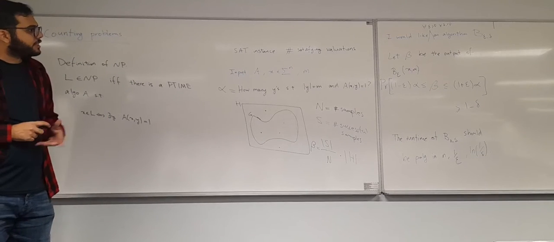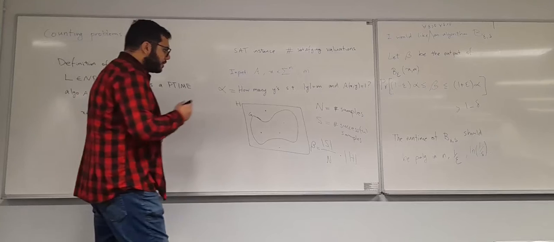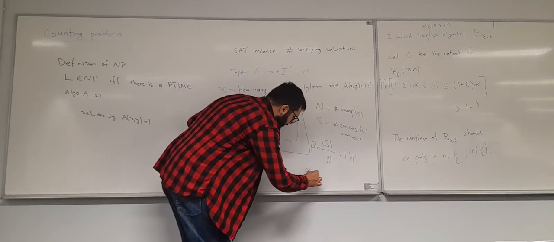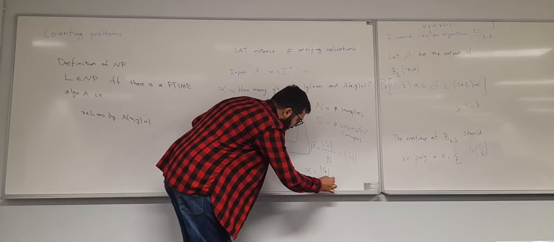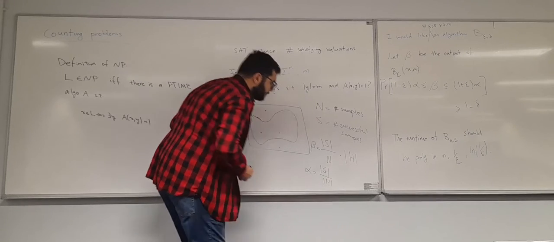Okay? Whereas what is my alpha? What is my actual answer? Well, my actual answer is basically just the size of G over the size of H.